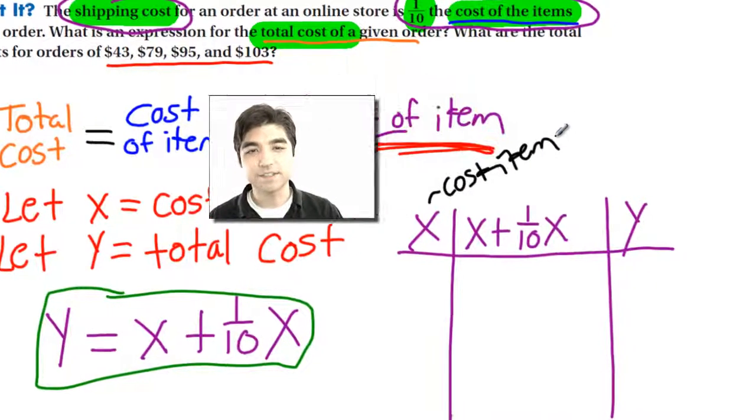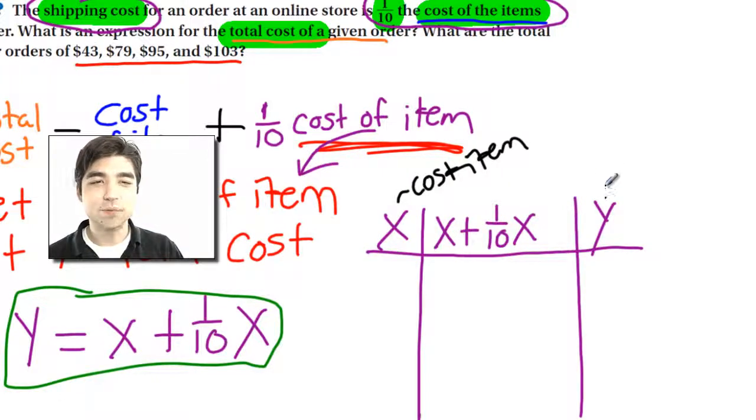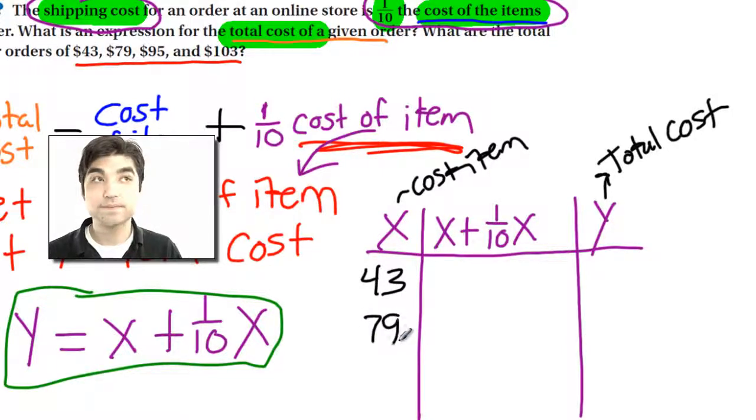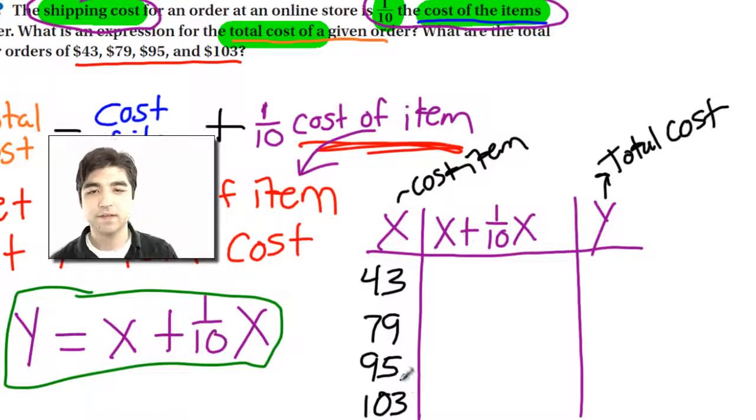You can write this down in your notes. And then this y part of it is the total cost. The different costs they give us are 43, and then 79, and then 95, and 103.